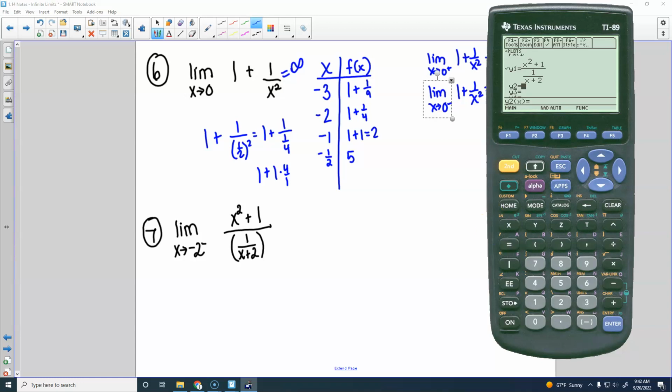I'm going to look at the graph first, because if this is positive or negative infinity, it will be easy to see from the graph that that is happening. Although my graph looks terrible because my window is weird.